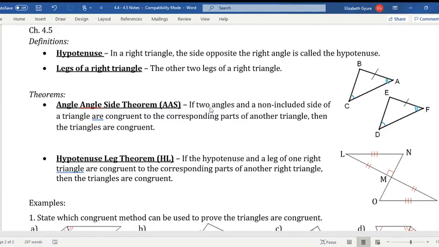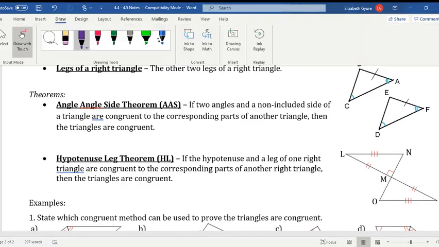Angle, angle, side: if two angles and a non-included side of a triangle are congruent to the corresponding parts of another triangle, then the triangles are congruent. So in this situation, you have your two triangles here. Angle C is congruent to D, E is congruent to F, and segment BA is congruent to segment EF.